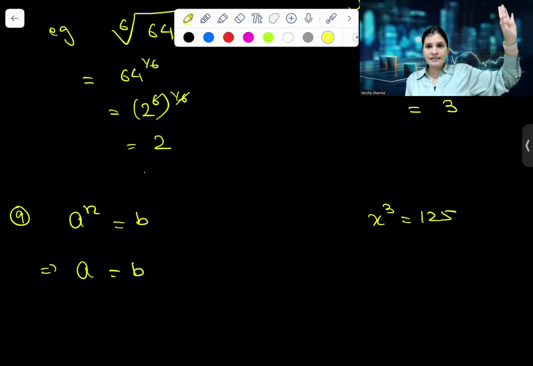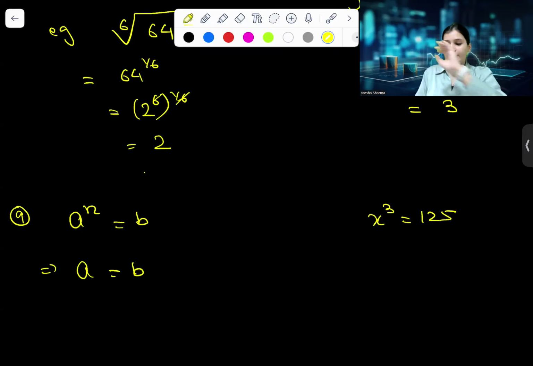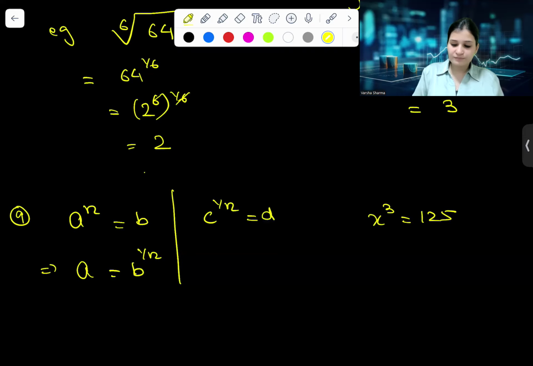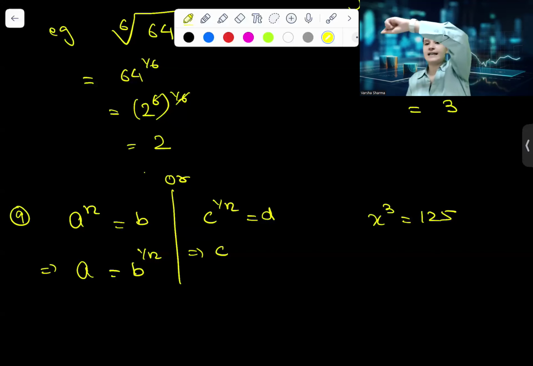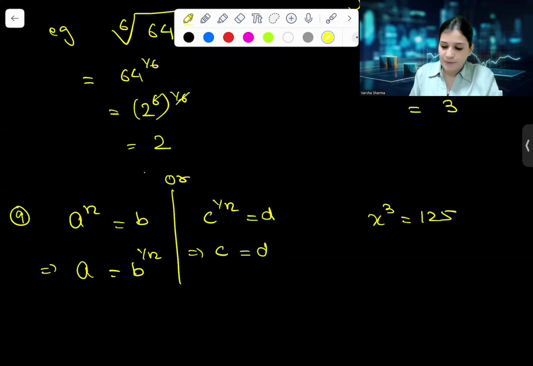So here I had n; when it goes to the other side, it will become 1 by n. Or if I had c power 1 by n equal to d, when I send 1 by n power to the other side, it will become reciprocal and give me an answer d to the power n. Yes?